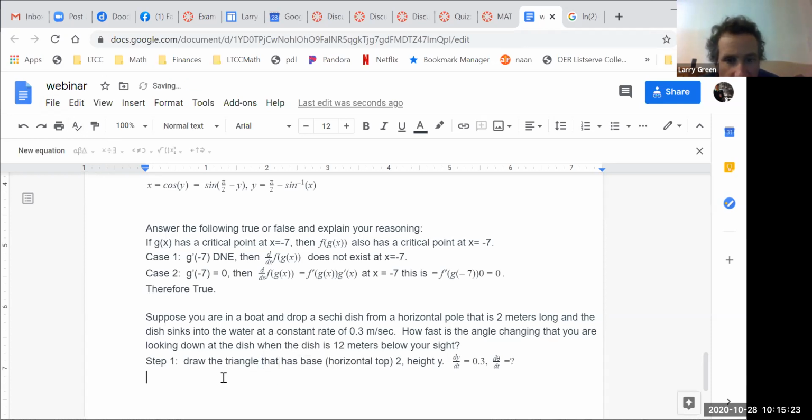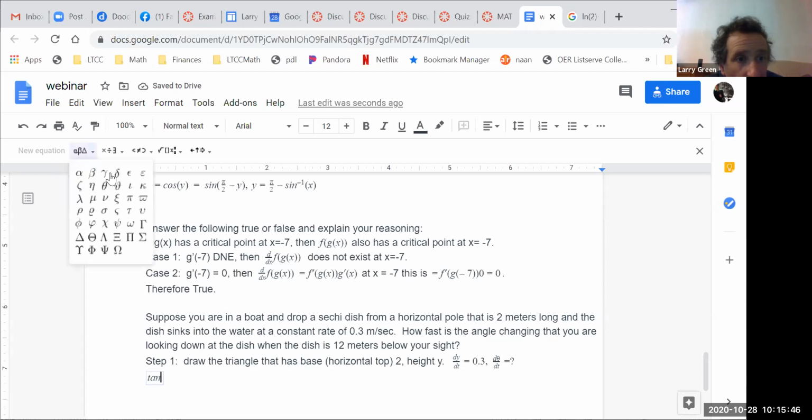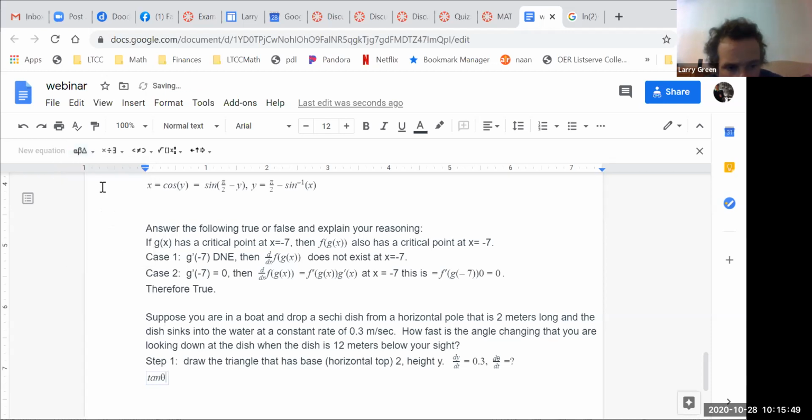Okay, so then we want to find a relationship between y and θ, and we're given that 2 is a horizontal distance, and you'll notice that the tangent of θ is y over 2, because it's the opposite over the adjacent. Okay, any questions on that so far?